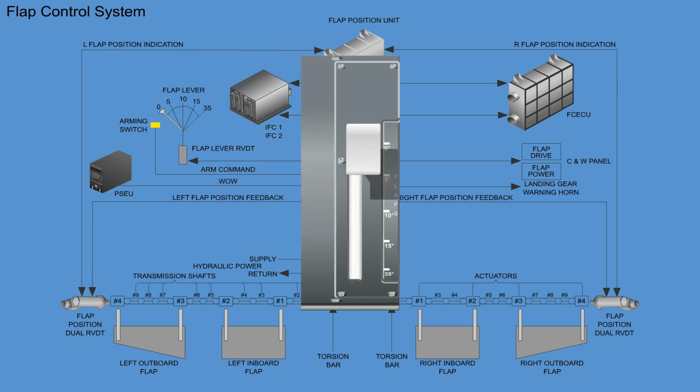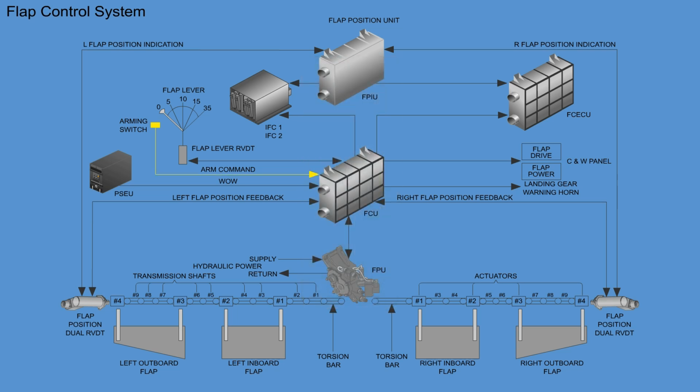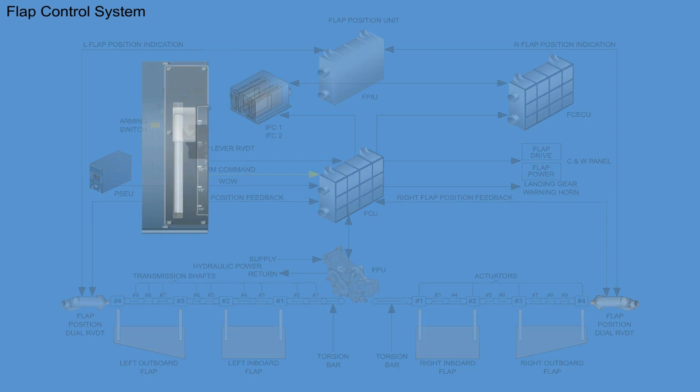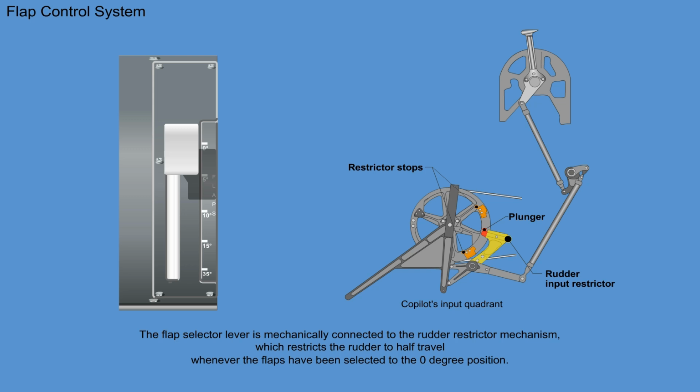If the lever is in one of the 5 detent positions, the arming switch sends an enabling signal to the FCU, which lets the flaps move to the selected position. The flap selector lever is mechanically connected to the rudder restrictor mechanism, which restricts the rudder to half travel whenever the flaps have been selected to the 0-degree position.